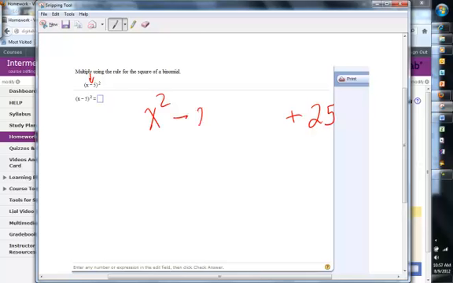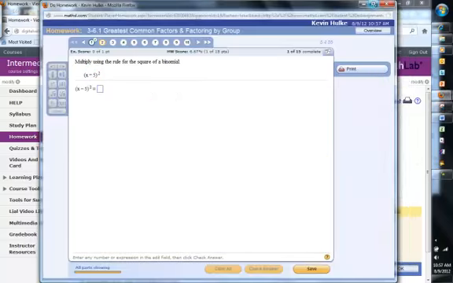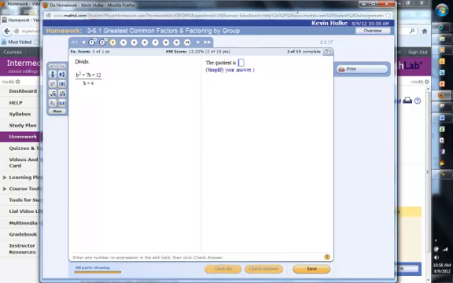And then twice the middle term, or twice these two terms. So your answer is x squared minus 10x plus 25.